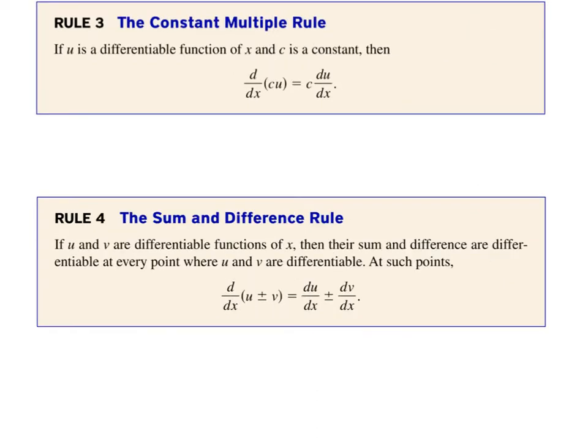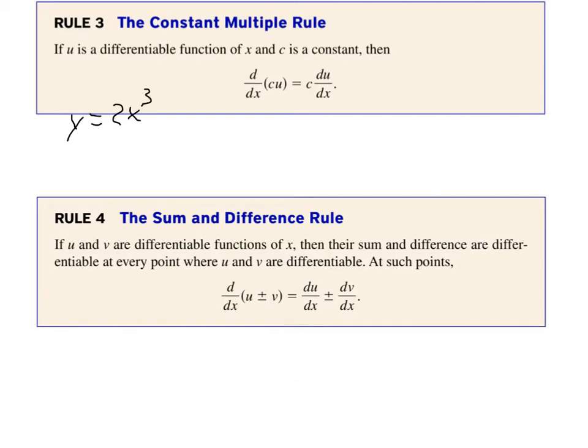The constant multiple rule. If you have a constant, you can basically take that constant and put it in front. So for example, if y equals 2, we'll do x cubed again, 2x cubed this time.